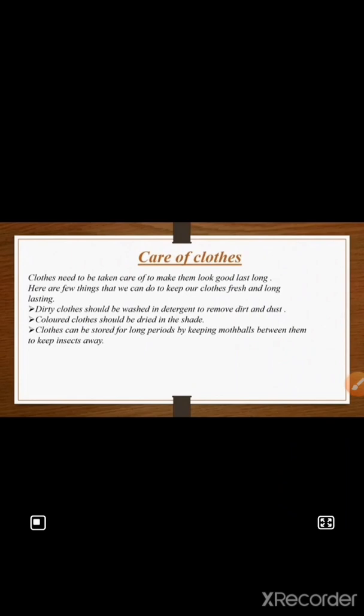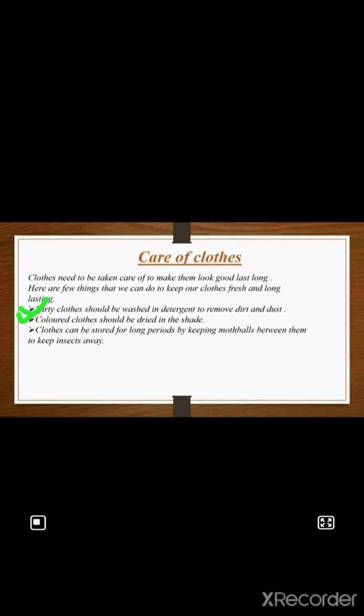So first, dirty clothes should be washed in detergent to remove dirt and dust. So it means that we should use detergent powder to wash the clothes, because it removes the dirt and dust. Okay, now number 2: colored clothes should be dried in the shade, right?